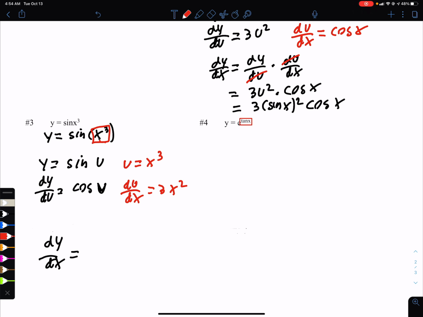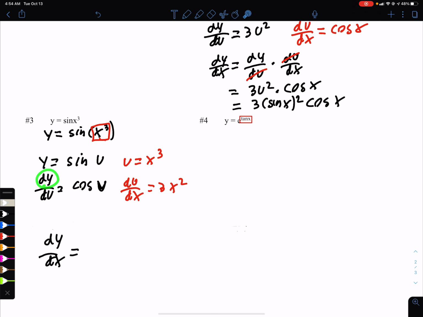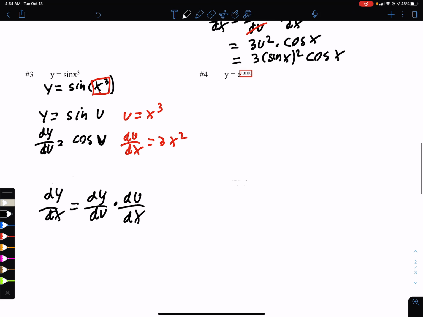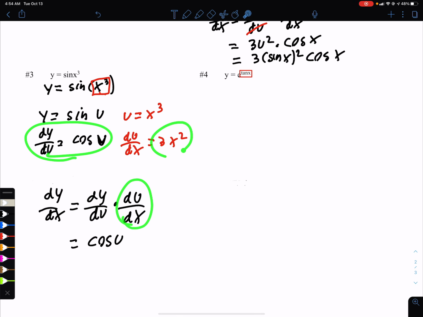Now, we want dy on top, but the problem is dy du and not dx. And we realize we want dx on the bottom. Well, there's a dx on the bottom. So we're going to use the du dx. Now we have dy du, that's cos u. Du dx is 3x squared.